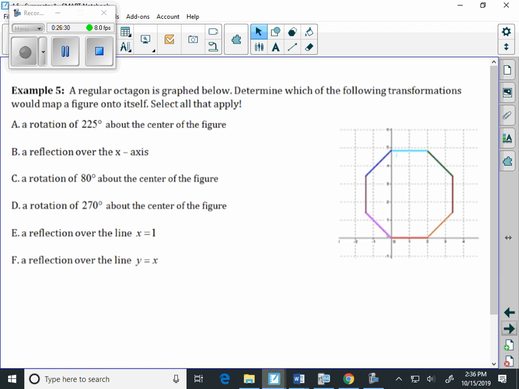One last problem here. We've got a regular octagon graphed below, and we want to determine which of the following transformations would map a figure onto itself. Select all that apply.